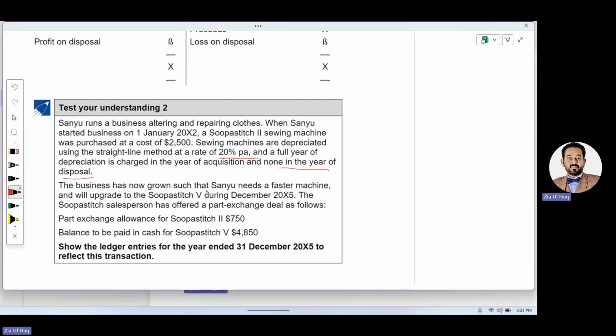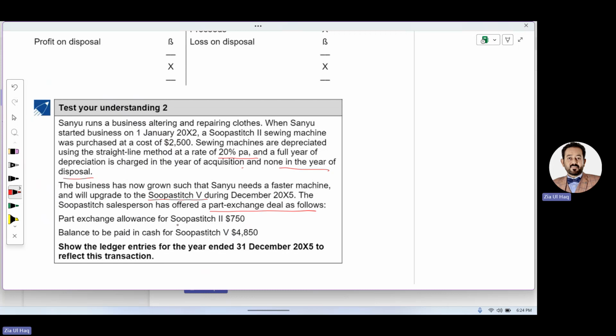The business has now grown such that Sanyu needs a faster machine and will upgrade to the Super Stitch 5 during December 20x5. He is moving to the fifth model rather than the second model. The Super Stitch salesperson has offered a part exchange deal as follows.